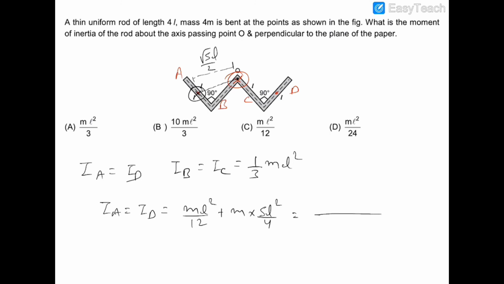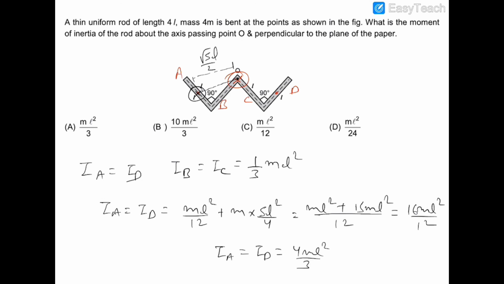So taking LCM as 12, this is ml square plus 15 ml square. So this is 16 ml square by 12. So IA or ID is equal to 4 ml square by 3.